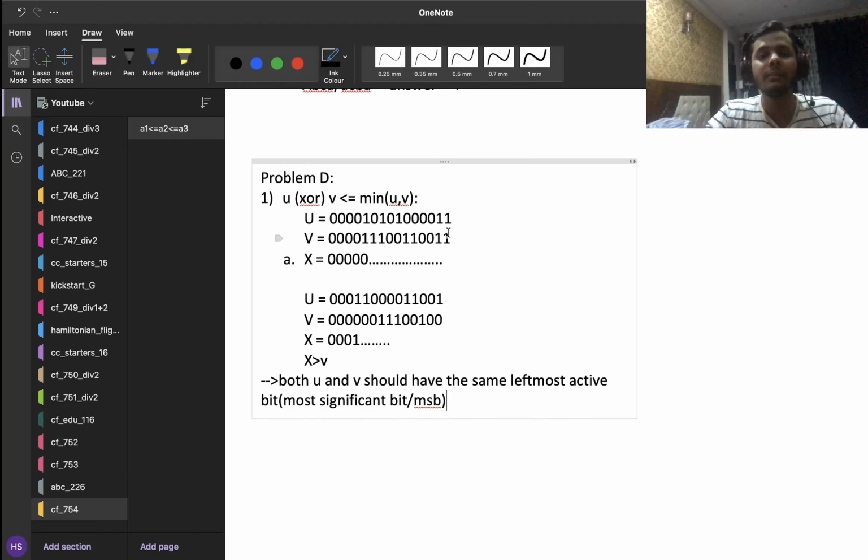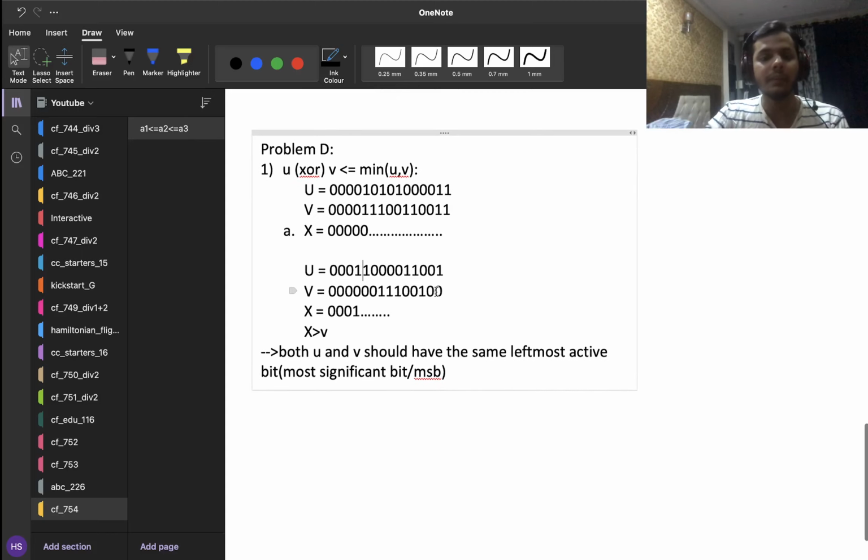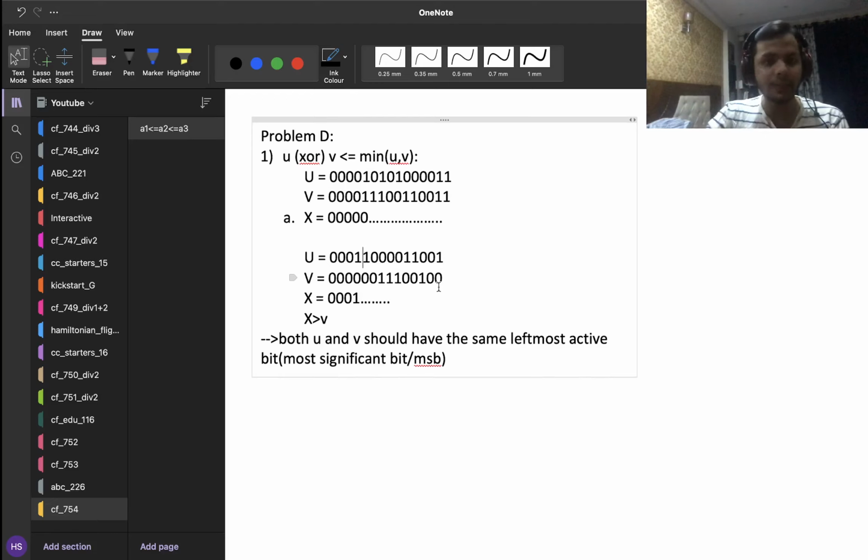If the MSB of u and v is the same, then their bitwise OR would be less than or equal to both of them. But if the MSB of u and v is different, then the MSB of the bitwise OR would just be the MSB of the maximum of u and v, so it will be greater than the minimum of u and v. That is something which will be very important to solve this problem. So this is the first step done.